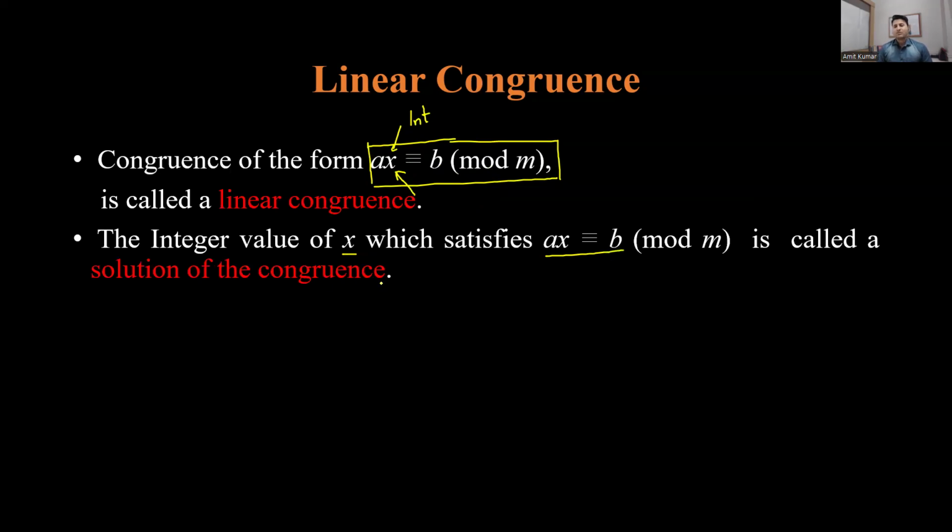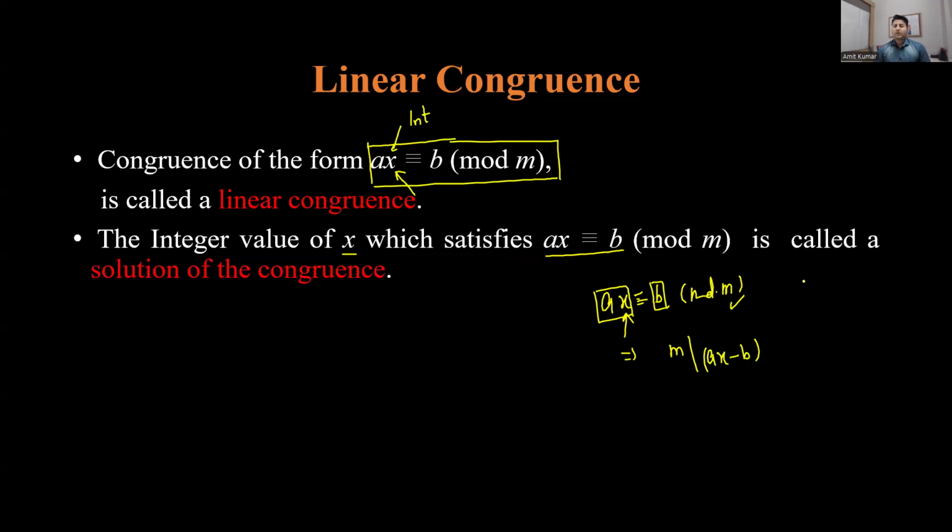It is called the solution of the congruence. Any integer value of x which satisfies means what? The same as we use in the definition. When you put x here, then your ax minus b must be divisible by m. By the definition, it can also be written as m divides ax minus b.